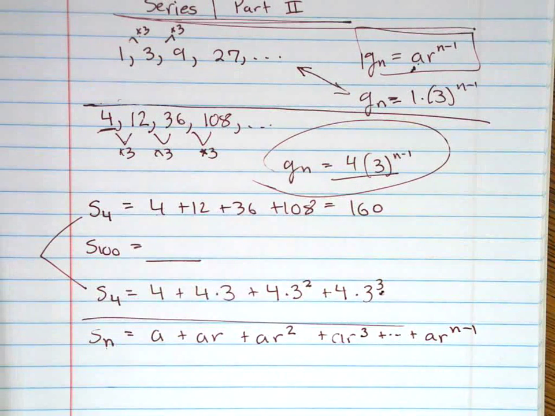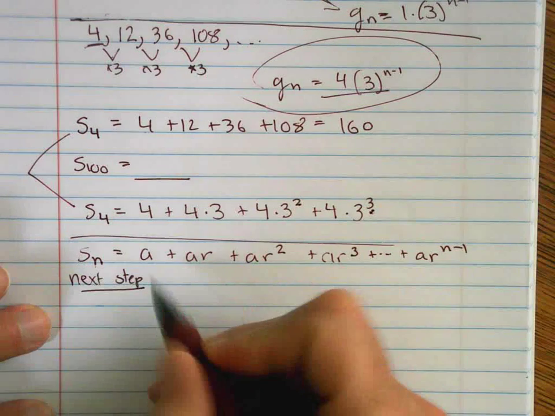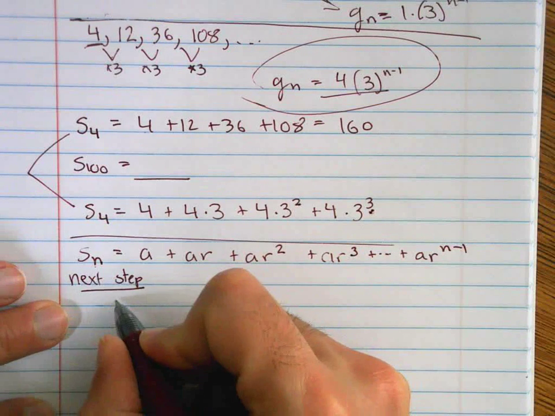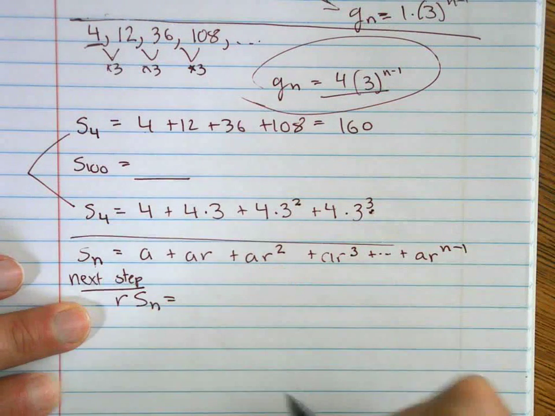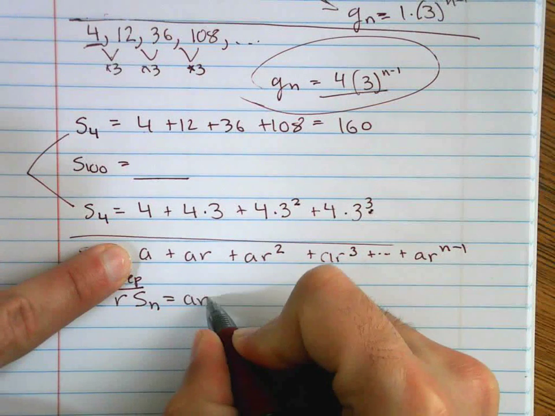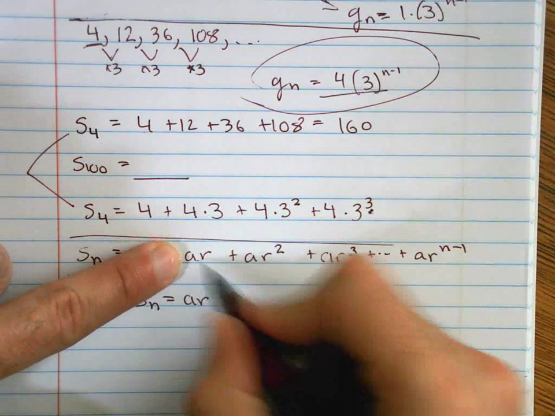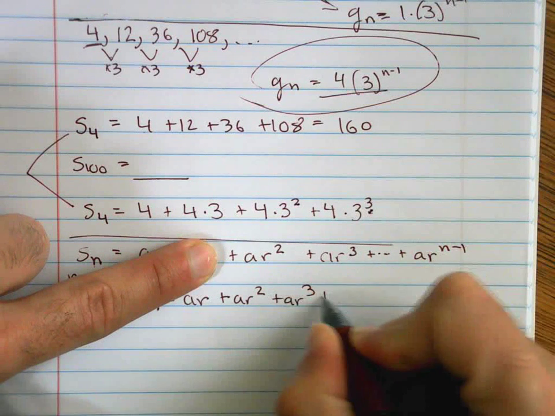The next step is to take this S sub n and multiply it by the ratio. So r times the sum is equal to, look at this, a times r plus a times r squared plus a times r cubed, all the way till this last term. And now instead of it being n minus 1, it's a times r to the n.